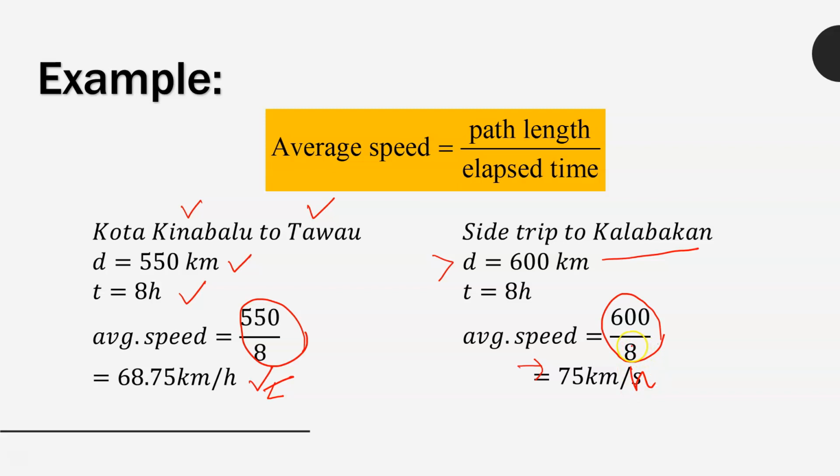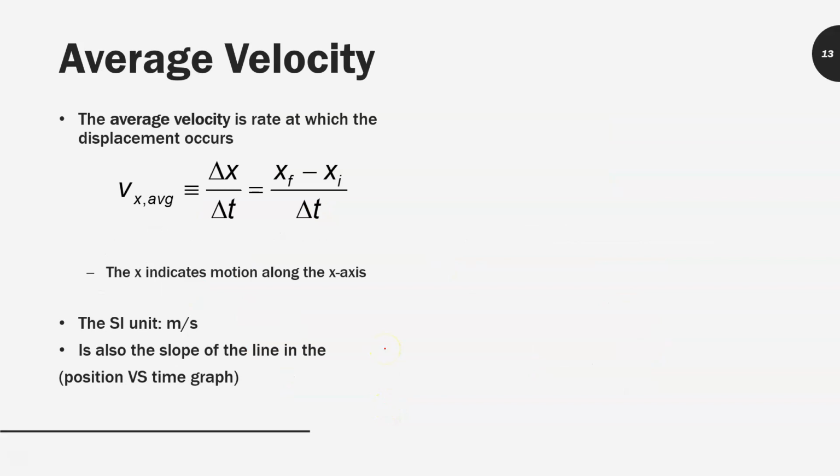Distance is the length of a straight line joining 2 points, and path length is the length of the actual path traversed between 2 points. The average speed of an object over a given time interval is the length of the path it has traveled divided by the total elapsed time.